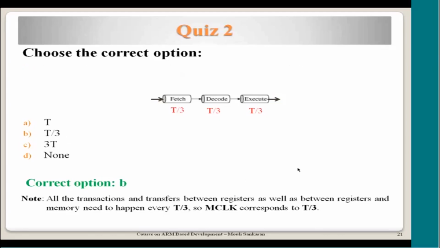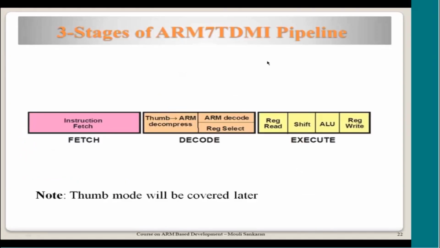Now just to summarize what is all happening in an instruction pipeline, this is a fetch stage. This decode understands what operation is to be performed and what registers are to be selected for the operands, and during the execution stage, as I mentioned during the data flow explanation, registers are read, the A and B buses from the register file, the registers are read by the ALU, and the barrel shifter performs the shift or rotate operation, and the ALU performs any operation that needs to be done on the two operands, RN and RM, and the RD gets written into.